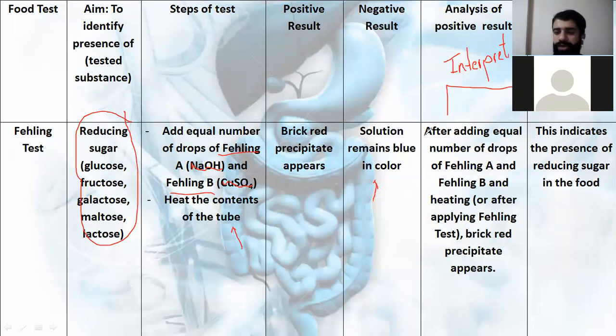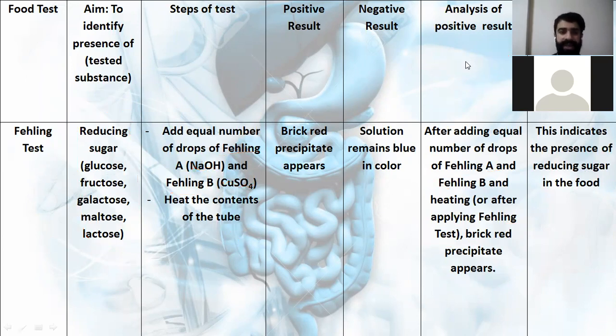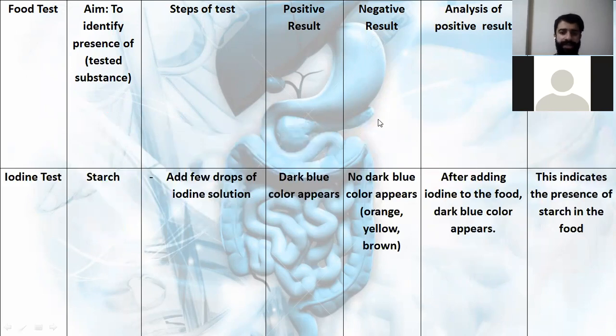After adding equal drops of Fehling A and Fehling B, or simply after applying the Fehling test, a brick red precipitate appears. This indicates the presence of reducing sugar. If there is a negative result, there is no brick red precipitate, so this indicates the absence of reducing sugar.